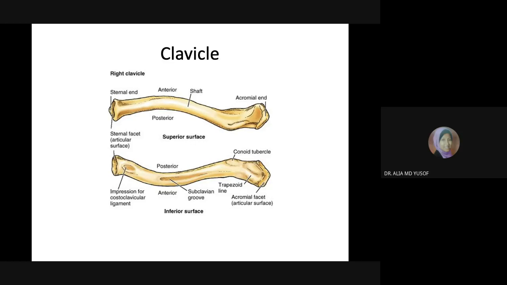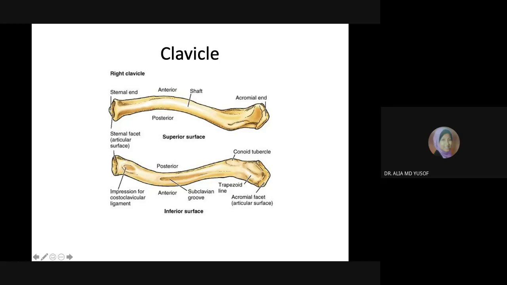Two-third medial, dia curve ke depan, curve anteriorly. And then, ulang balik. Sekali satu lagi point yang saya lupa nak beritahu. Clavicle, kita nak tahu dia depan, belakang, kanan, kiri senang saja. Nombor satu, tengok lateral end dan juga sternal end.